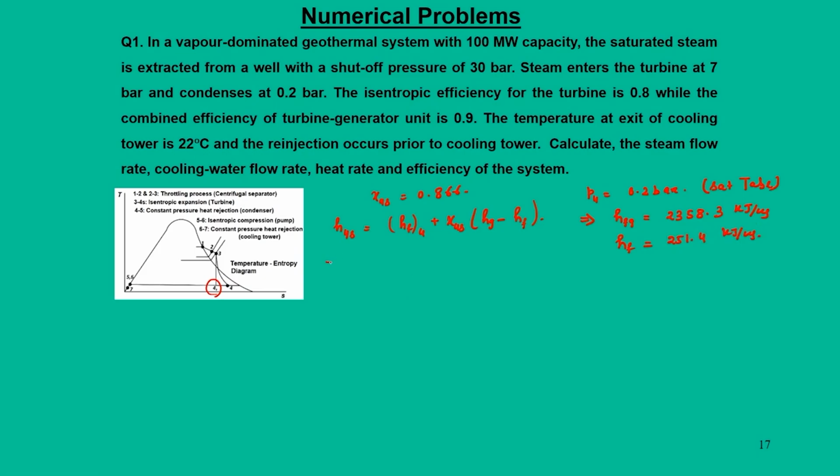From this data we arrive at h4s, and that number is 2293.7 kilojoule per kg.